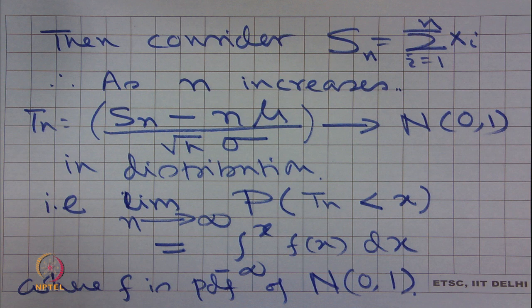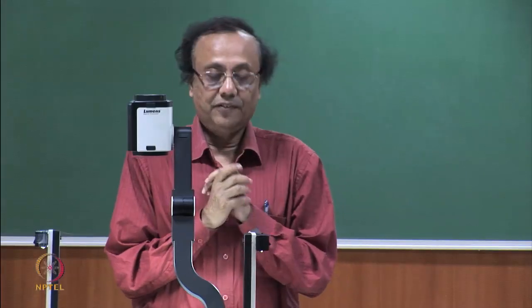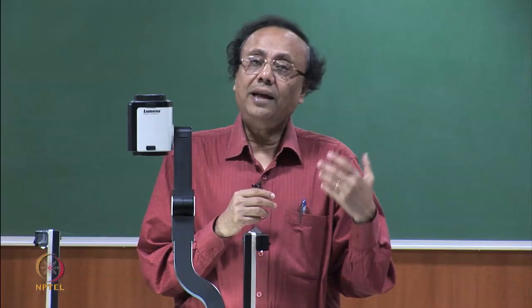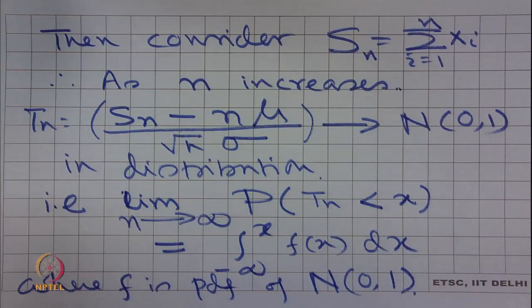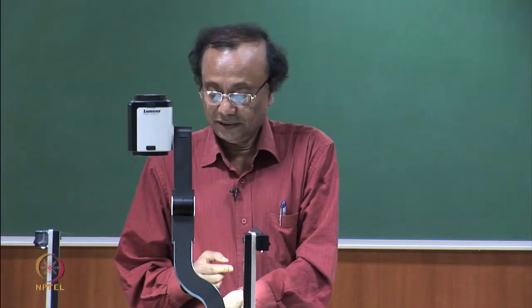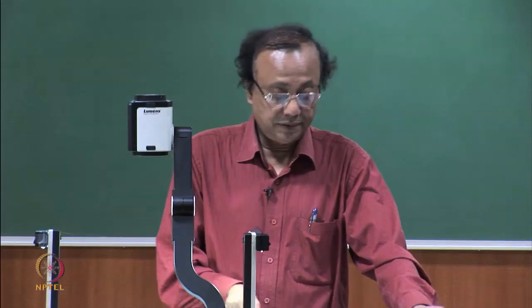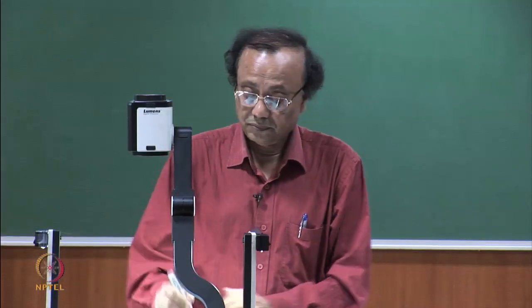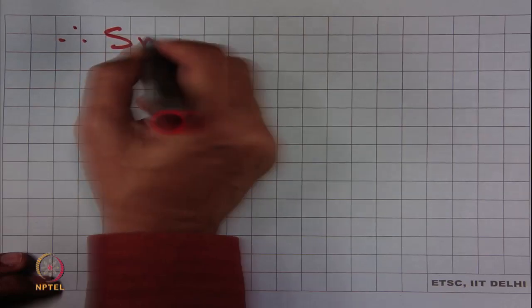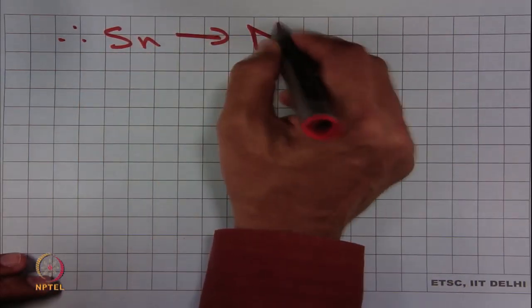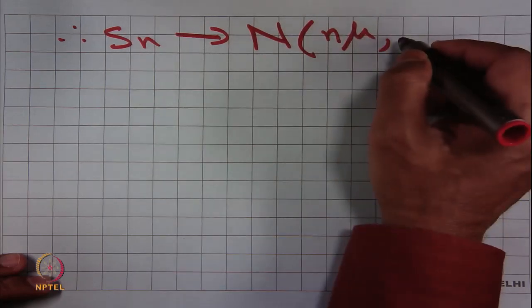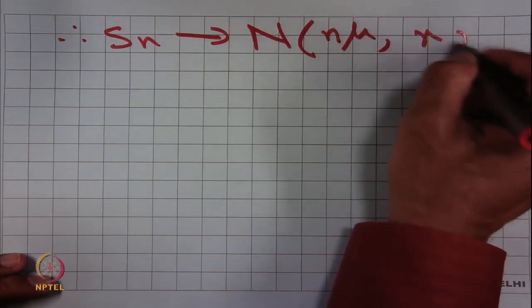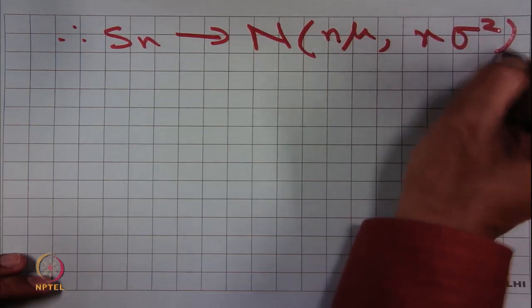So, what does it mean? That if I take a sample of size n, then as n increases, S n minus n mu upon root n sigma converges to normal 0 1, or in other words, S n therefore converges to normal with mean n mu and variance n sigma square.